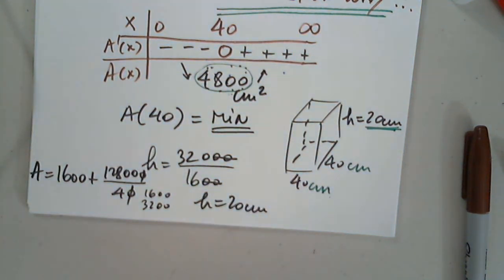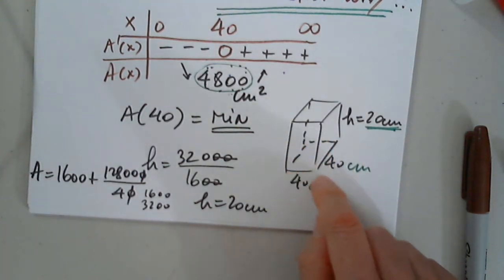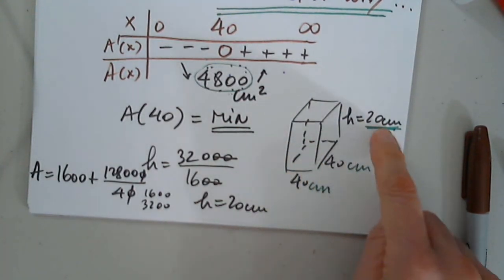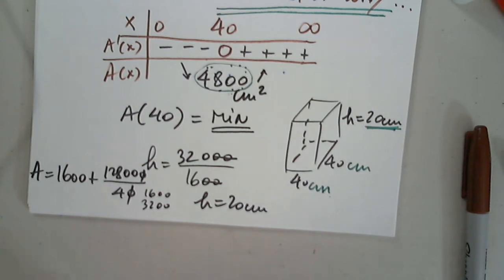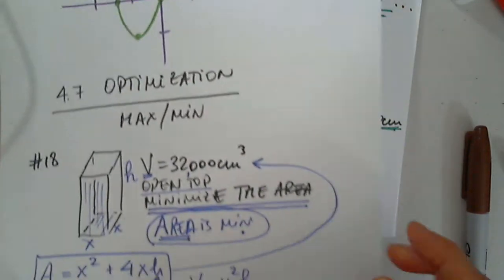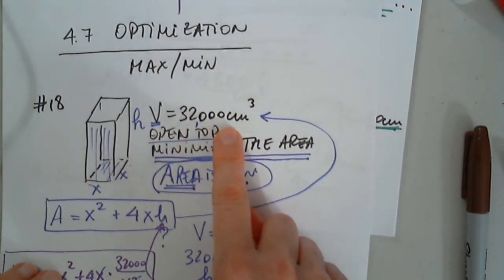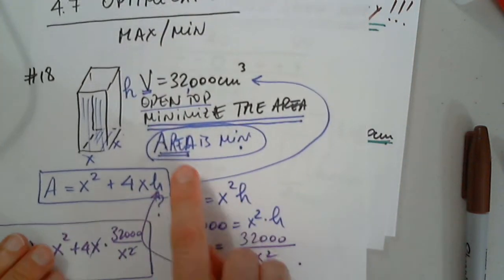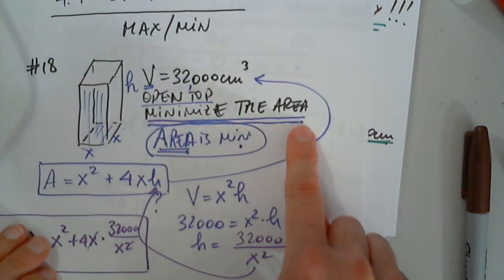If you want to use the minimum amount of material, listen to me. This is what has to happen. The base has to have a length of 40 and the height of 20, to meet your requirements of a volume of 32,000 cubic centimeters and have the minimum possible surface area.